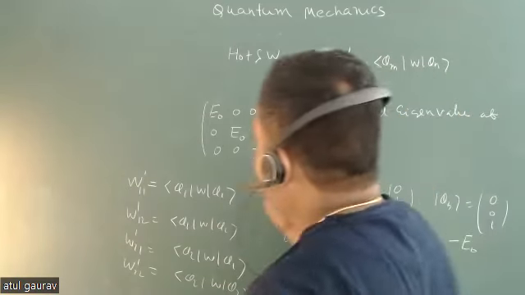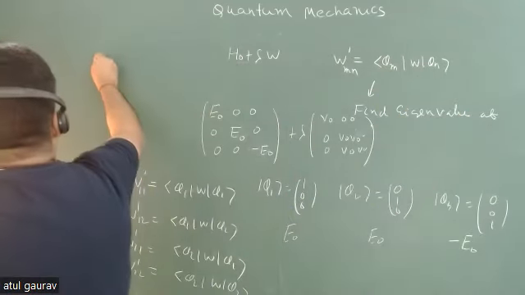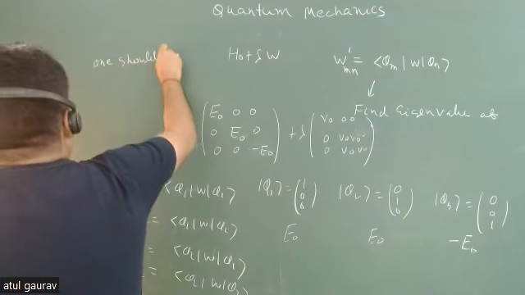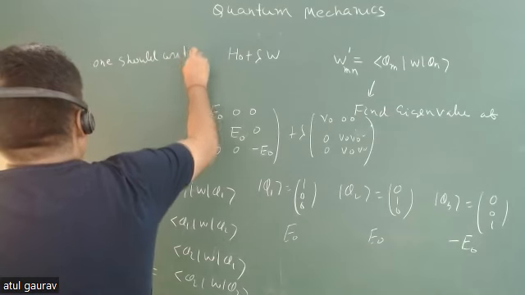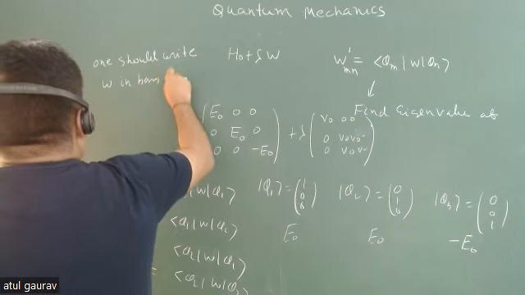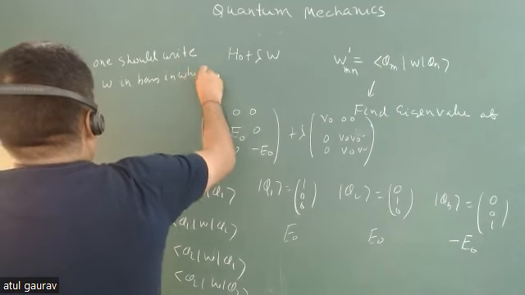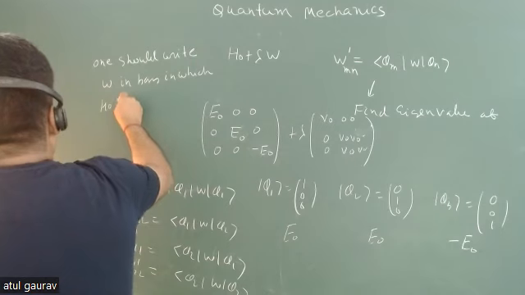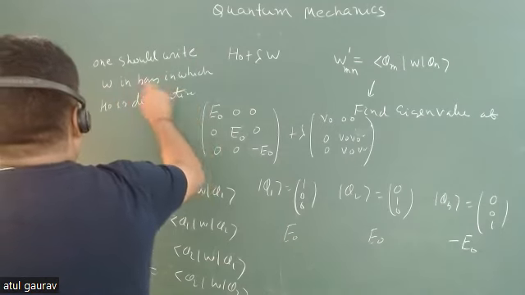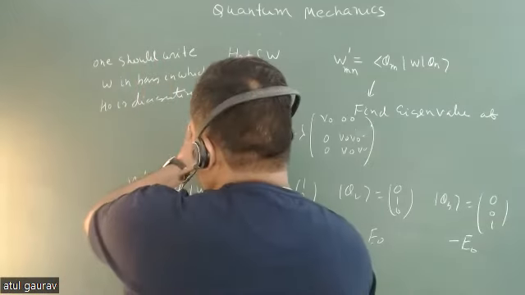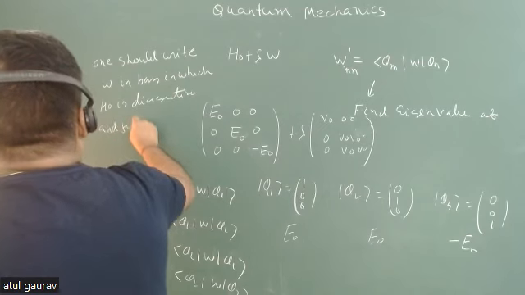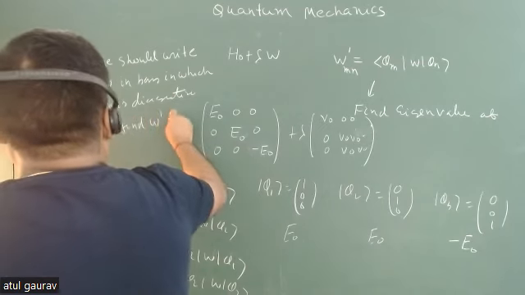So basically, what is the final idea? The idea is that one should write W in a basis in which H naught is diagonalized, and find W dash.